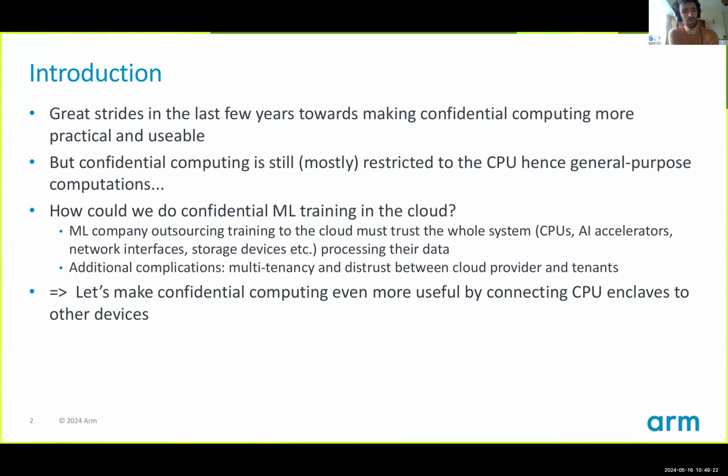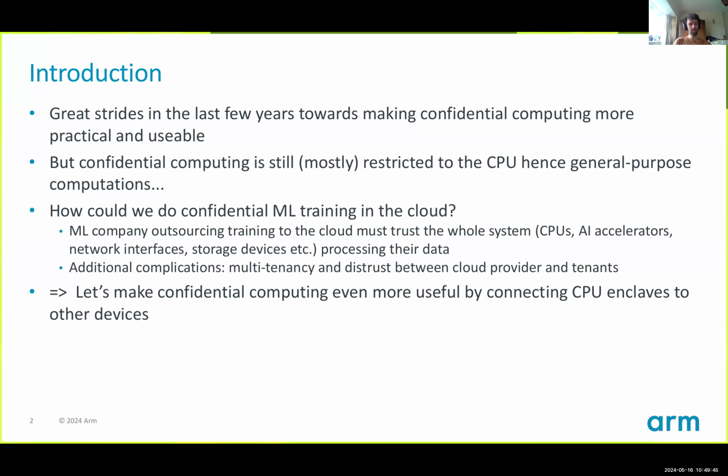Right. So there have been lots of efforts around making confidential compute more practical, more usable. For example, we moved from in-process enclaves like SGX and TrustZone to confidential VMs like TDX and AMD SEV-SNP.